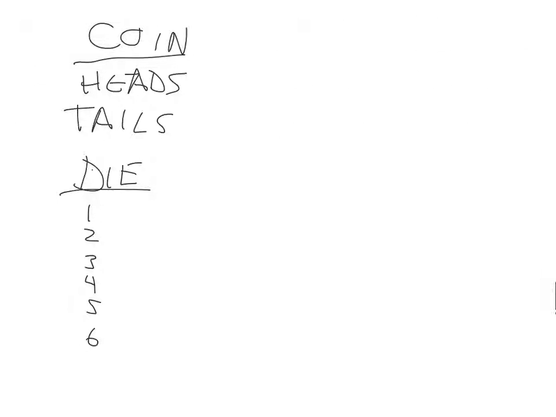So one of the things we like to do is take those outcomes and give them some kind of numeric value. So I'm going to call this X. I'm going to flip the coin, and if the coin comes up heads, I'm going to say X is equal to 0. If I flip the coin and it comes up tails, I'm going to say X is equal to 1.